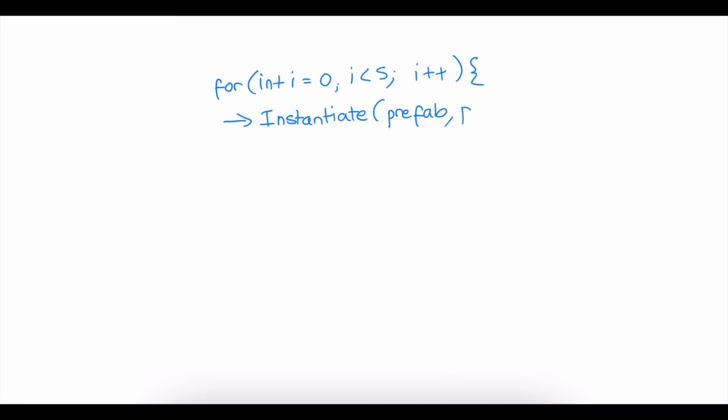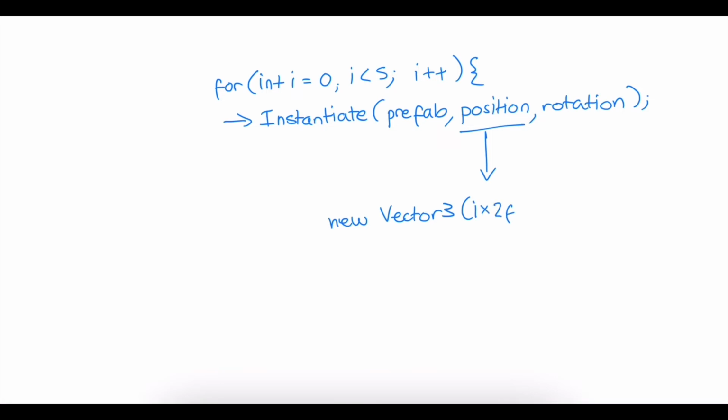We're just going to understand how the for loops work and how it is duplicating 5 objects 2 units away from each other. So the statement for position is new Vector3, and inside we have 3 arguments: i times 2, 0, and 0. And each of those arguments stands for x, y, and z.